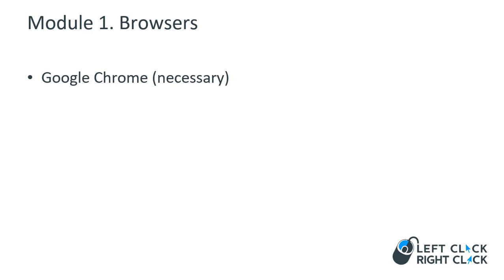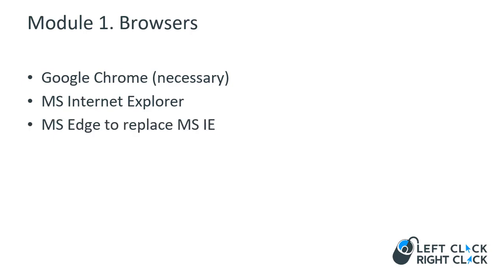So just to look back at module 1, we've covered Google Chrome and looked at a lot of features of that. There are more things that we'll come onto later in this course about Google Chrome. The browser that you've got built in used to be Microsoft Internet Explorer, which they've now replaced with Microsoft Edge, which has its own features, but at least it allows you to get to the download page for Google Chrome and set up Google Chrome, which is the one that we're going to be using.